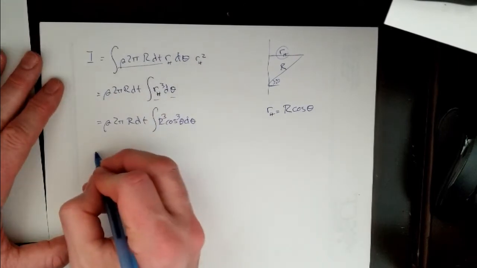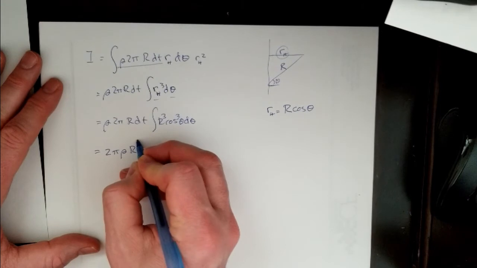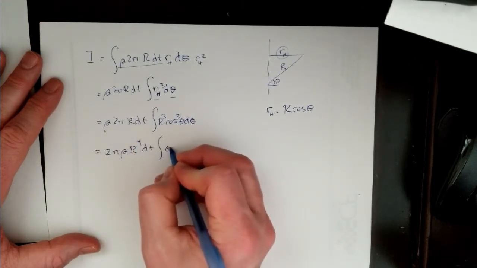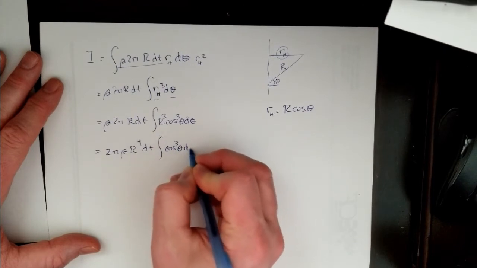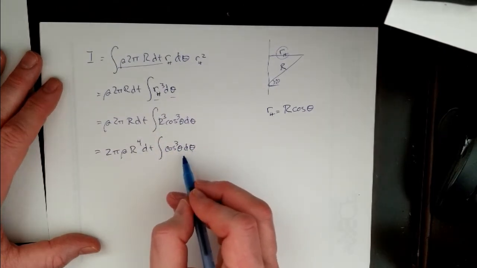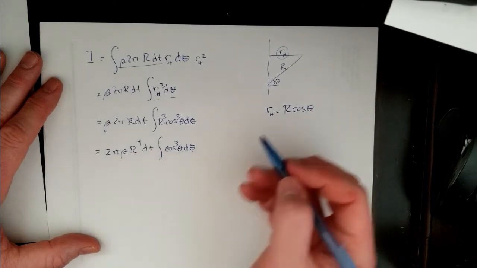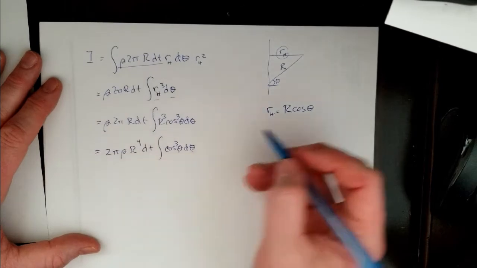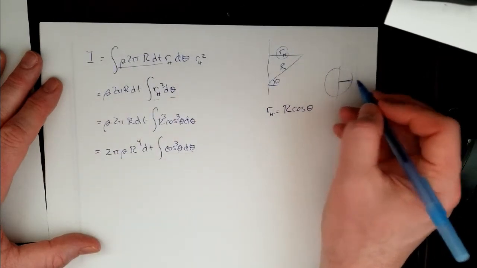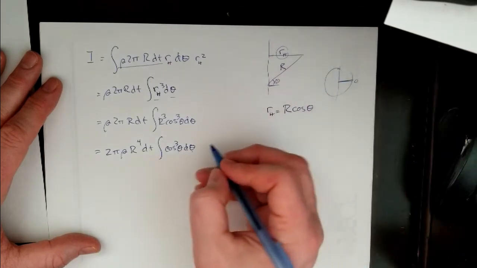I can bring that out. So I have 2 pi rho big R to the 4th power dt times the integral of cosine cubed theta d theta. We have a single variable now, so we can now do our limits of integration. And so theta, if theta is the angle to where the hoop is, is going from 0 to pi over 2.